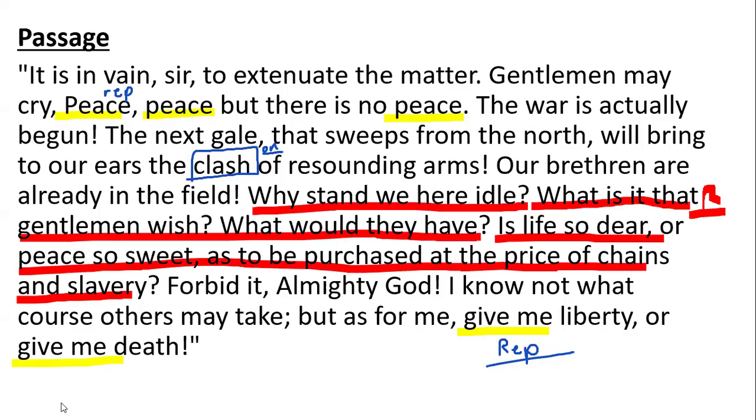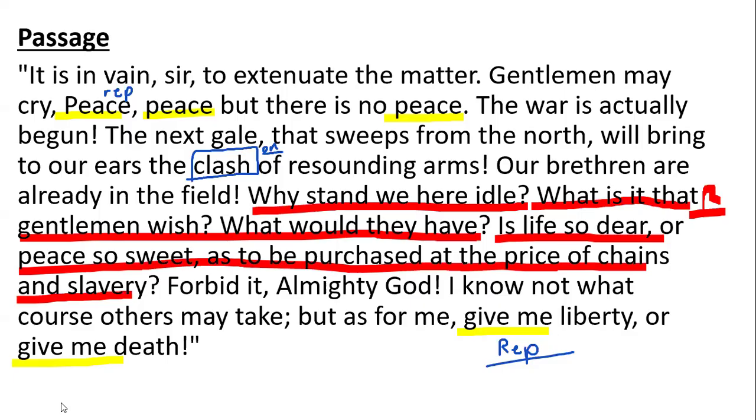So basically he's describing a battlefield because he said the next gale that sweeps from the north will bring to our ears the clash of resounding arms. And you know what arms mean, right? Arms basically means something that you use for battle. And then he said our brethren are already on the field. So he is creating imagery of a fighting scene, a war that's taking place, and he's talking about the urgency of preparing for this war.